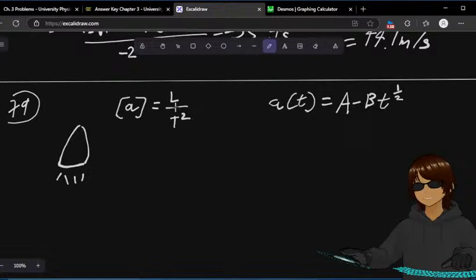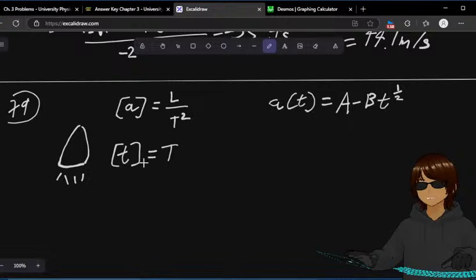The dimensions are written like this, right? Length over time squared, where T is the dimension of time. So the dimension of A is length over time squared, and for B, t is measured to the power of half.